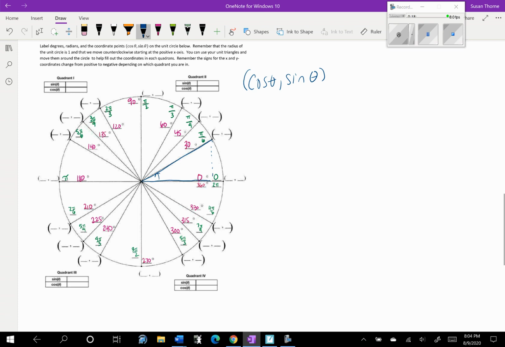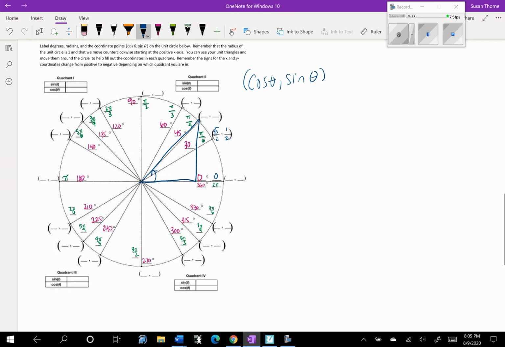We just said the cosine of 30 degrees, which is the x, was root 3 over 2, and the sine is 1/2. And then the next one we did was using this triangle here.